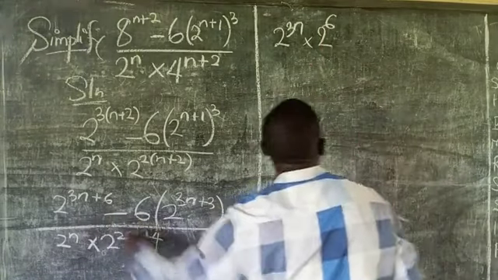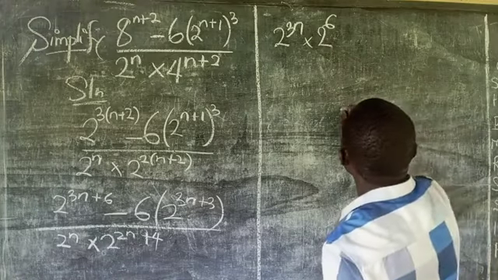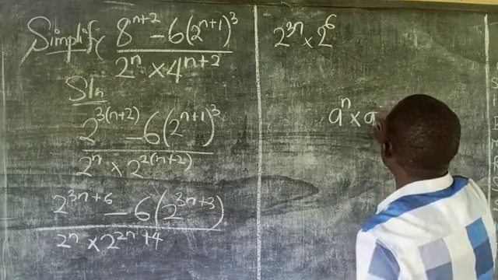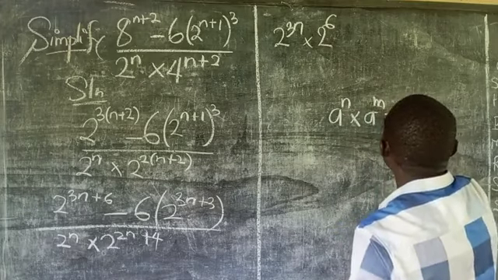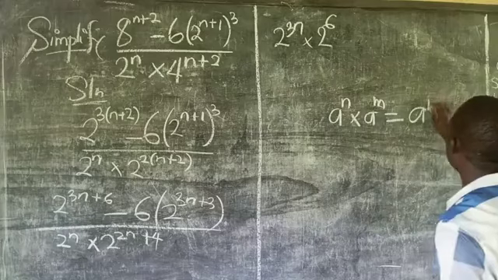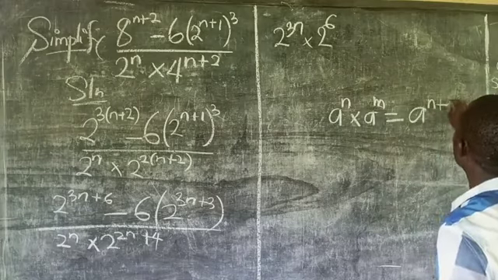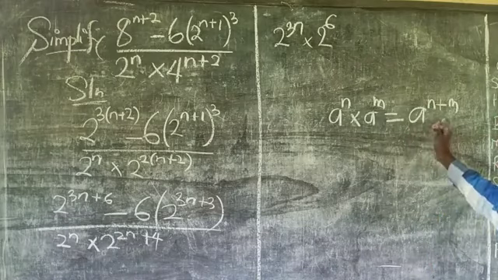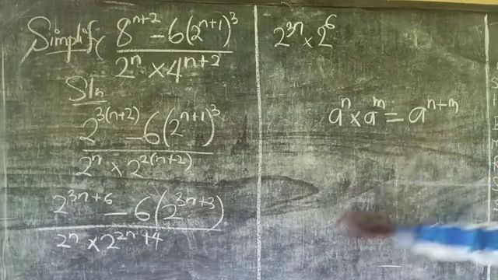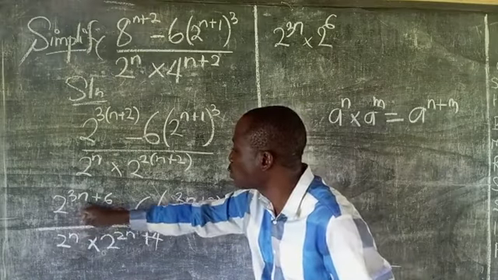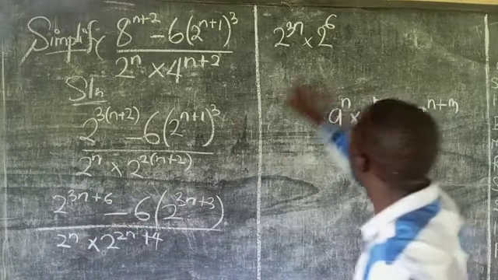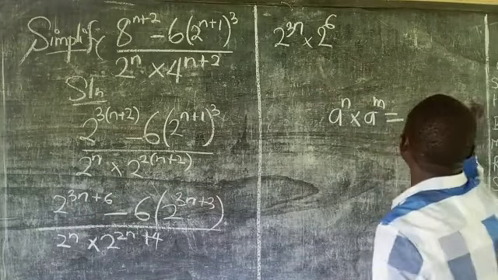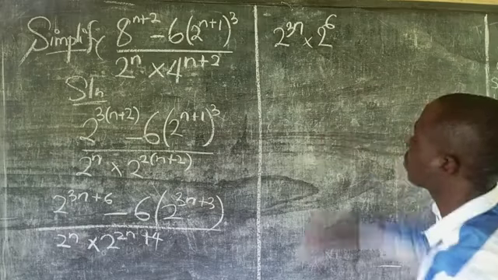The reason is that when you have a raised to power n times a raised to power m, it is equal to a raised to power n plus m. You can either come from here to here. So we can multiply and introduce the same base 2. With this law, we are confident that we are correct on that.